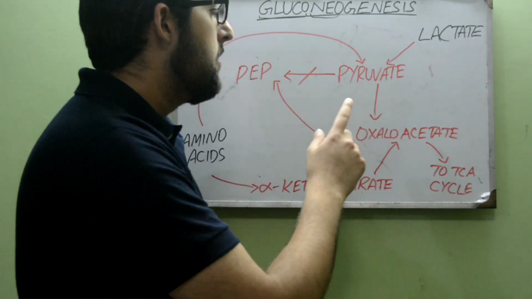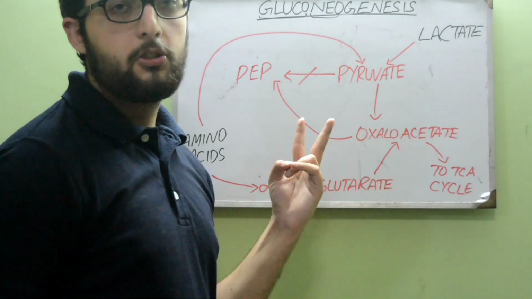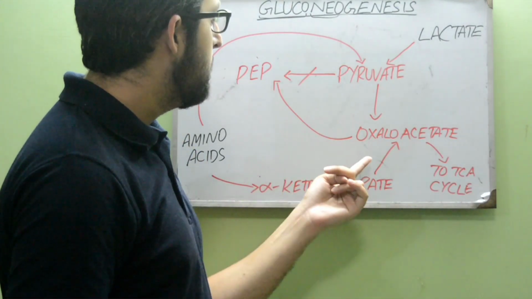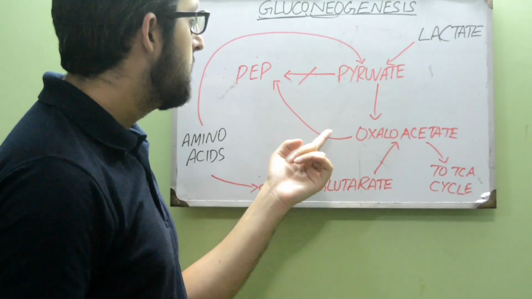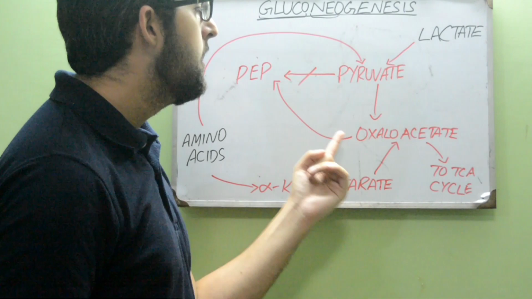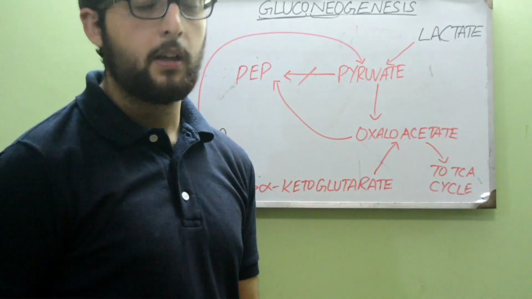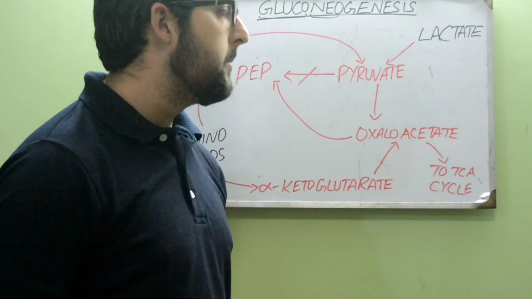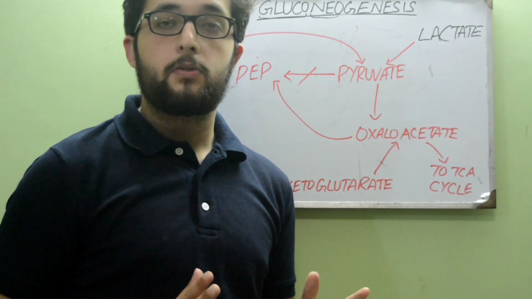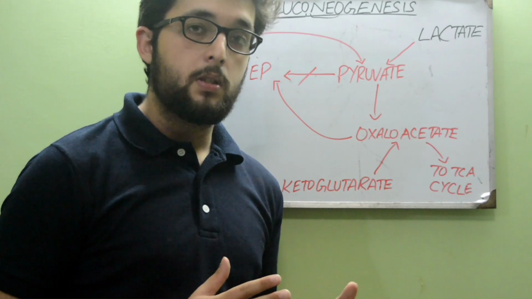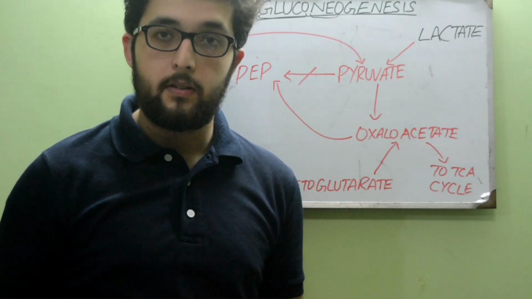So, oxaloacetate now has two routes, right? It can either go in the direction of phosphoenol pyruvate, it can convert directly to phosphoenol pyruvate, or it can go to the TCA cycle. Guess what? It does both. Because our cell not only in periods of starvation requires glucose, it also requires ATP for survival, right?